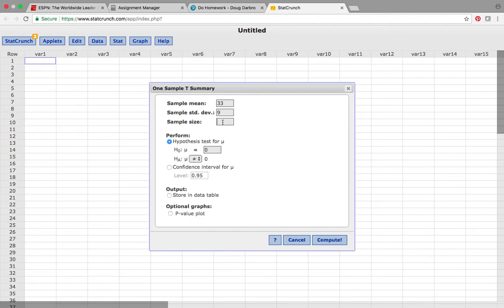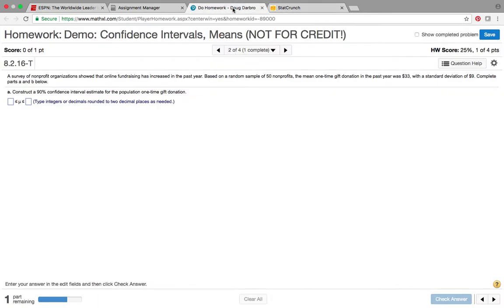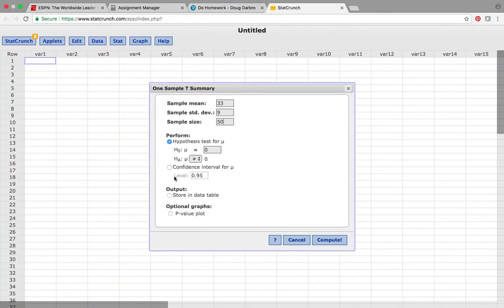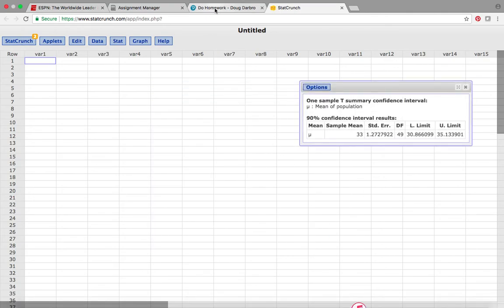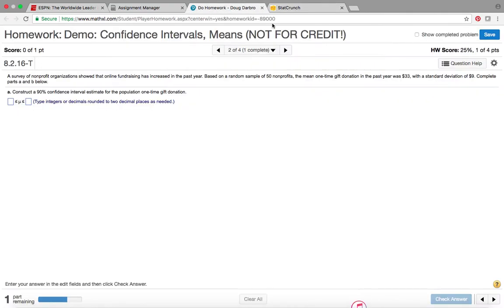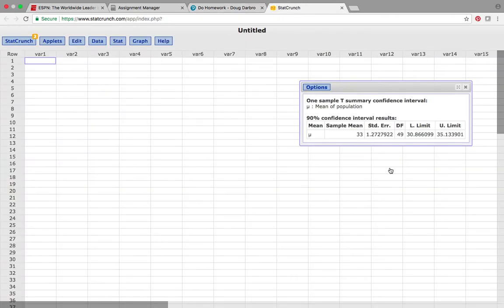And the sample size was 50. Is that right? Yeah. And we want a confidence interval of 0.90. Now let's see, probably two places. So 30.87 to 35.13.